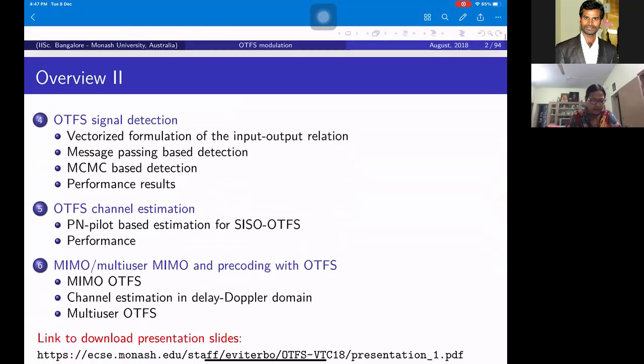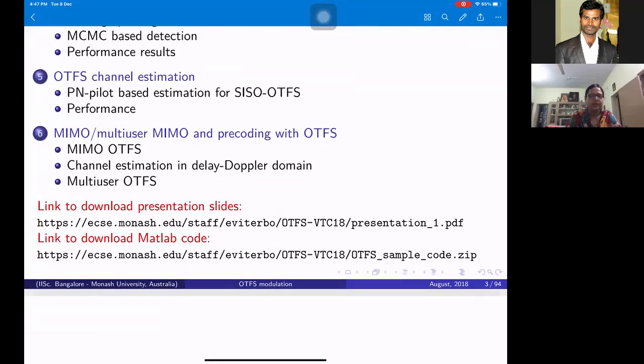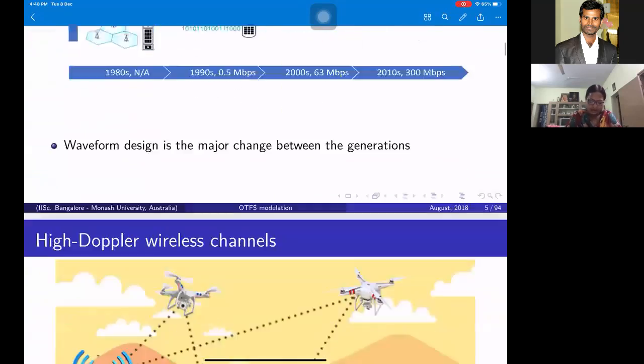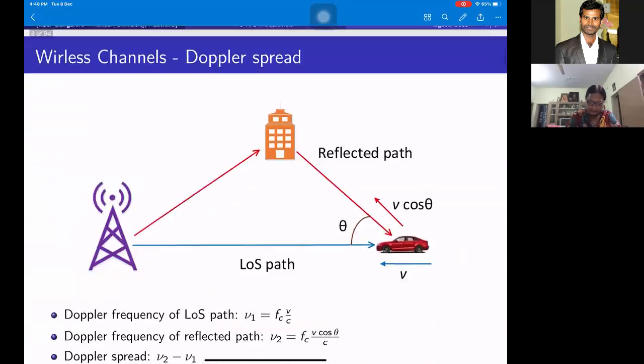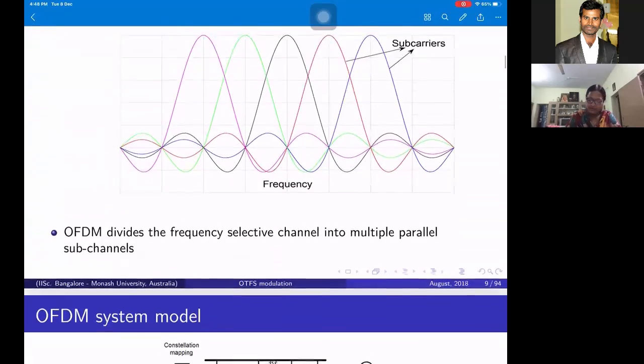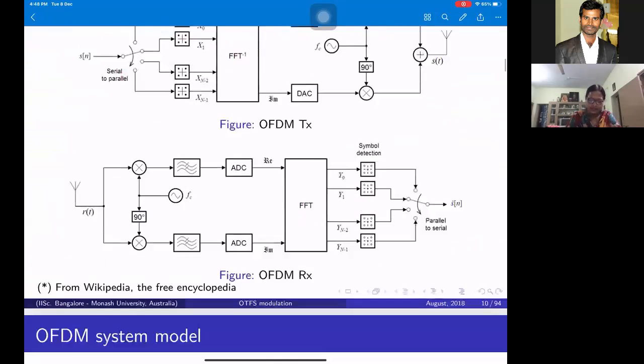So how do you do signal detection, and what is the channel estimation? Because for any communication, you have channel estimation, signal detection, multi-user communication, and some precoding, right? So here he started with convolution, modulation, OFDM subcarriers, and the OFDM system model we have already seen.